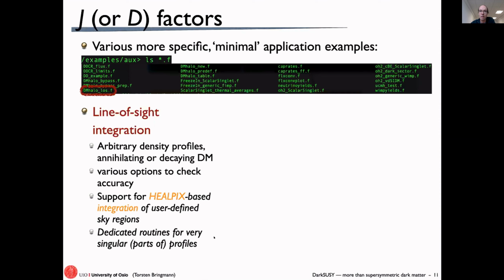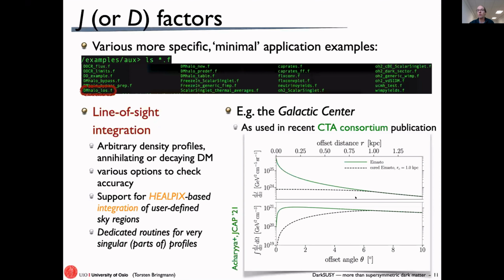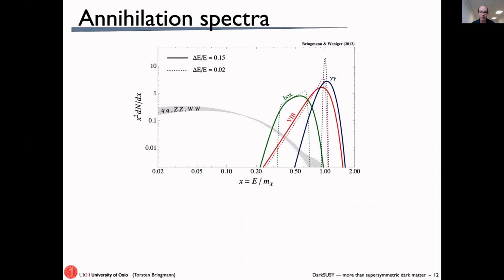There are dedicated routines that allow you to calculate very cuspy profiles where the HEALPix integration does not give very accurate or robust results. This was used, for example, in the recent CTA consortium publication about the sensitivity forecast of CTA to a dark matter signal from the galactic center that Michele also mentioned.